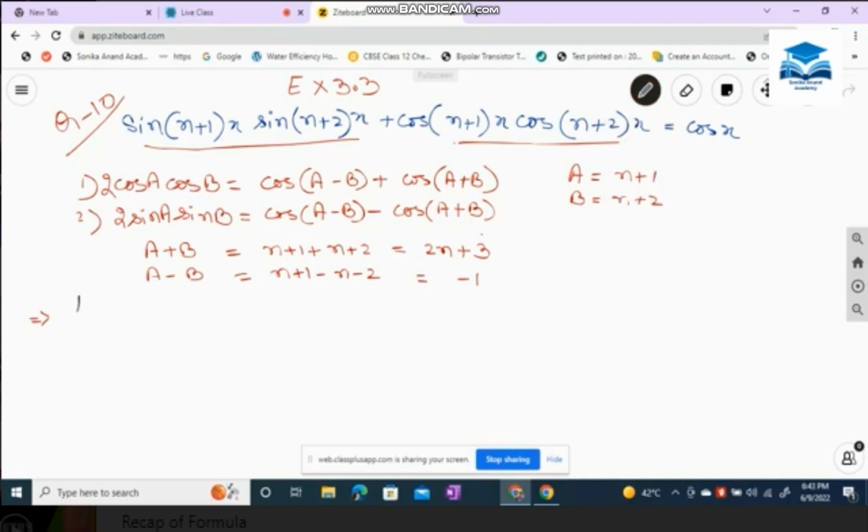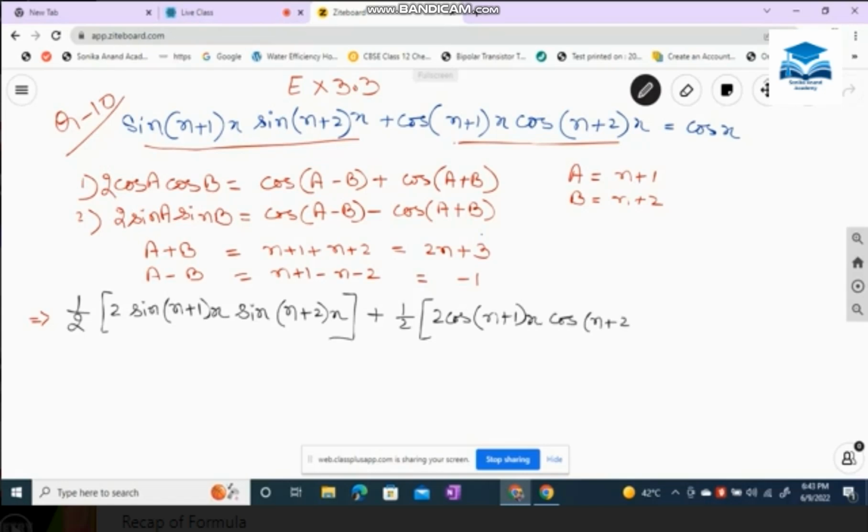We write 1 by 2 over here and multiply by 2. Sin n plus 1 into x sin n plus 2 into x. To convert into the formula, plus half 2 cos n plus 1 into x into cos n plus 2 into x.